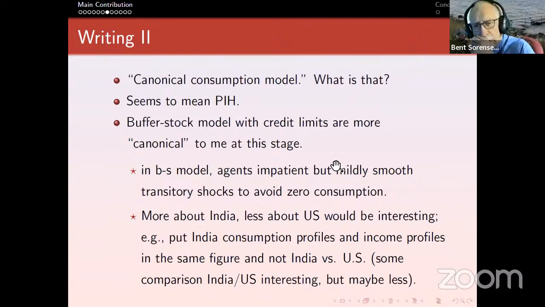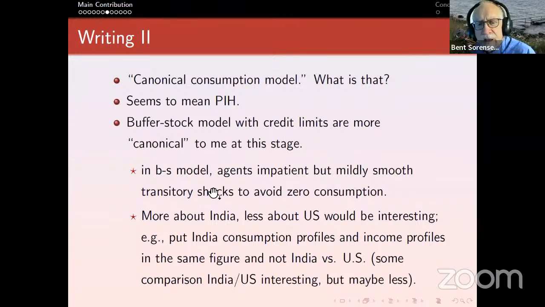Most of us, if we write down models, use models where people have a life cycle borrowing constraint, which means they're constrained in each period, but they can still adjust their assets. Maybe they can even borrow, but only to a fixed limit, and they can die with that.